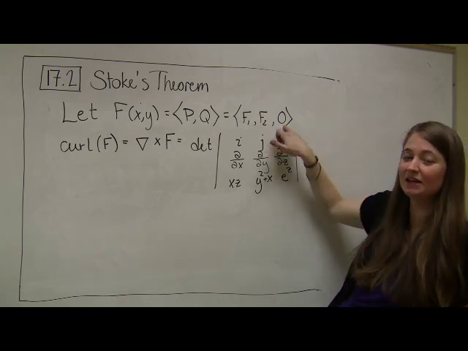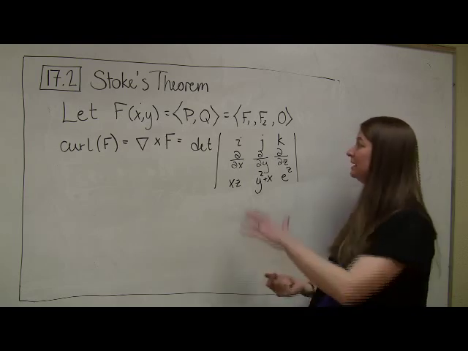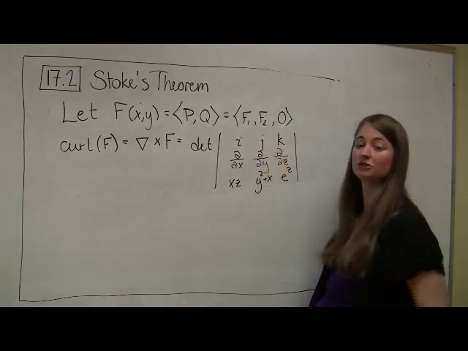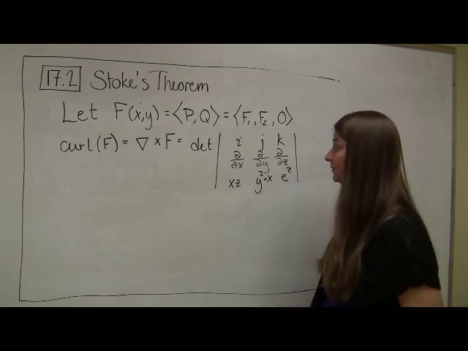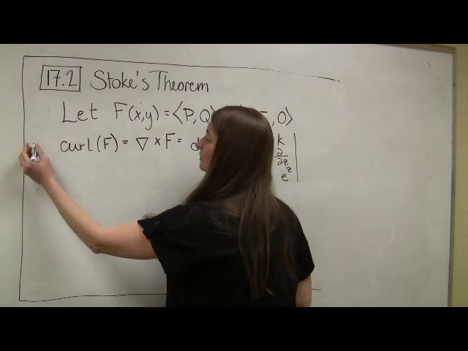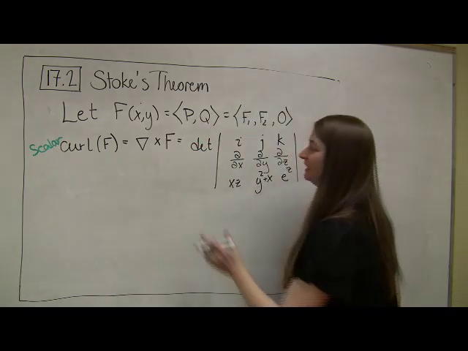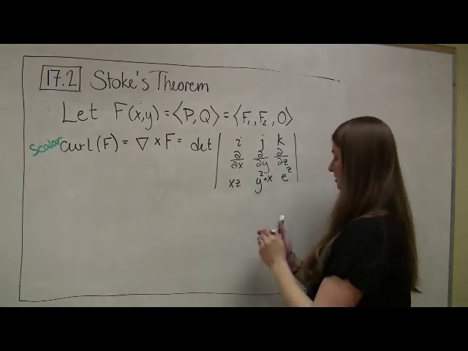And that's not that unrealistic. We're saying that we're only considering what's going on in the xy plane, and so our z components of each of these vectors would just be set equal to 0. It turns out, my scalar curl of f is exactly the same thing. I can use the same formula.